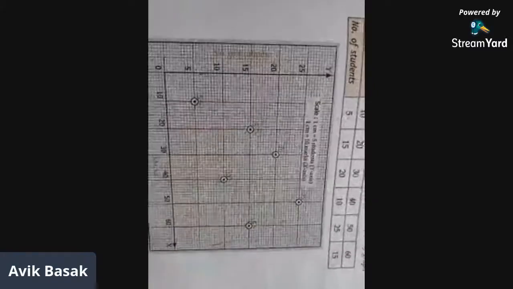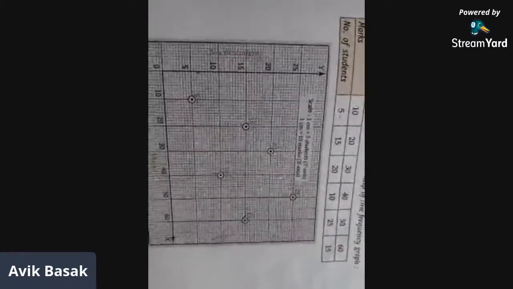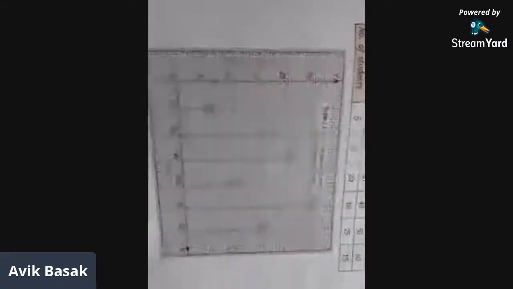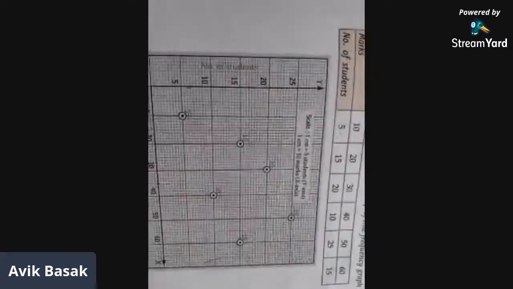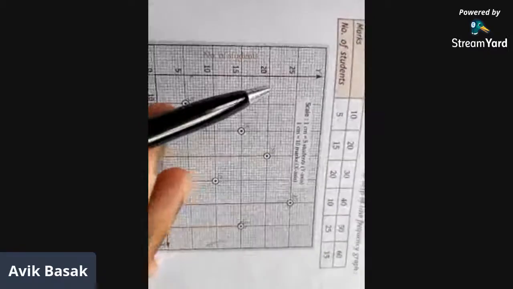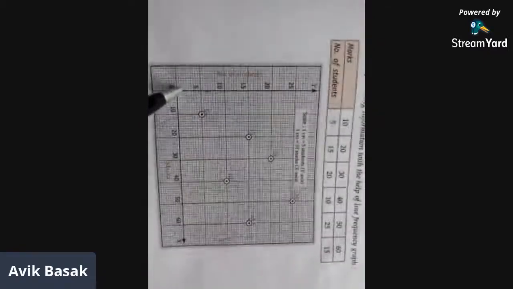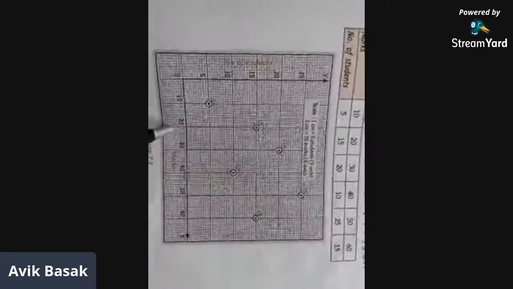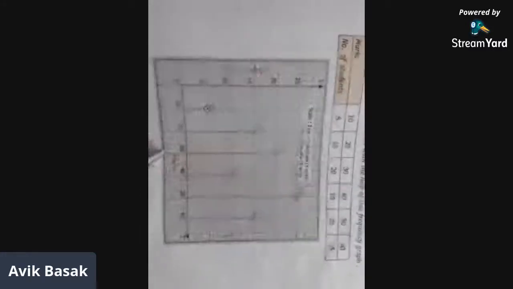Whatever scale you take, it should be written. Now, on the y-axis I am measuring the number of students, and on the x-axis I am measuring marks.